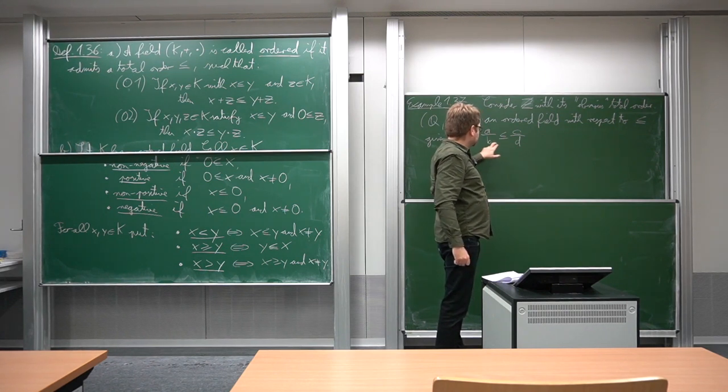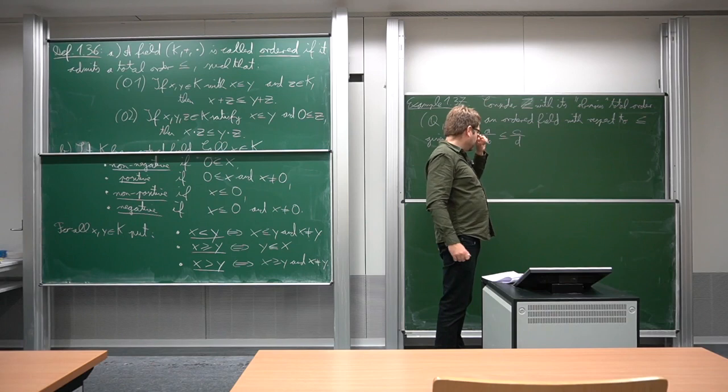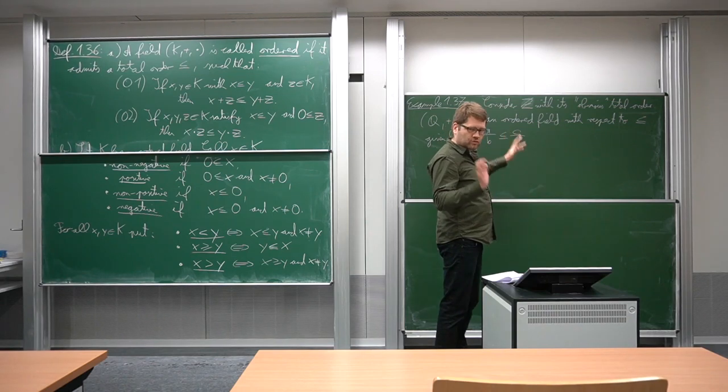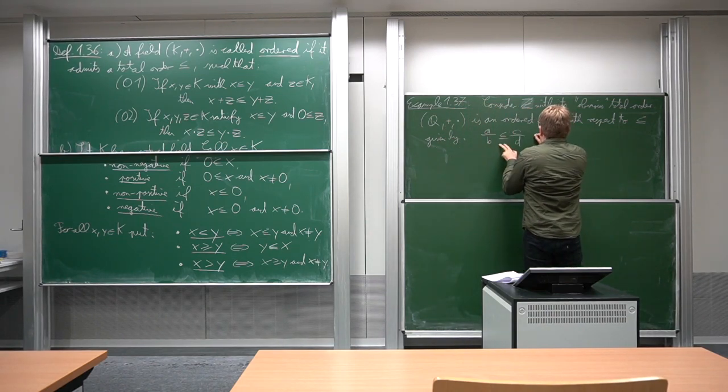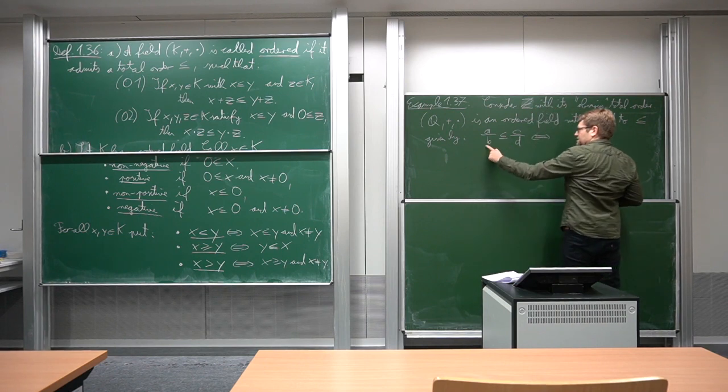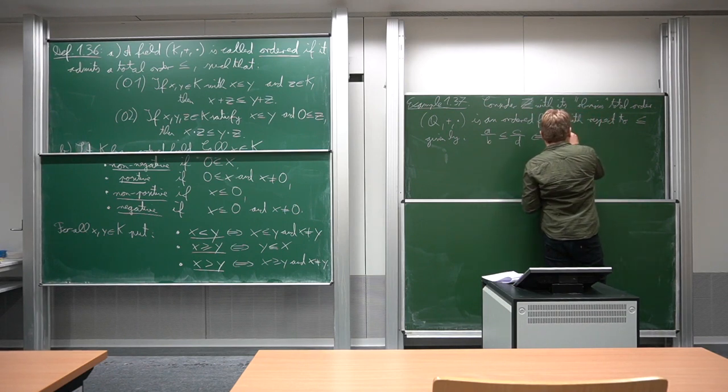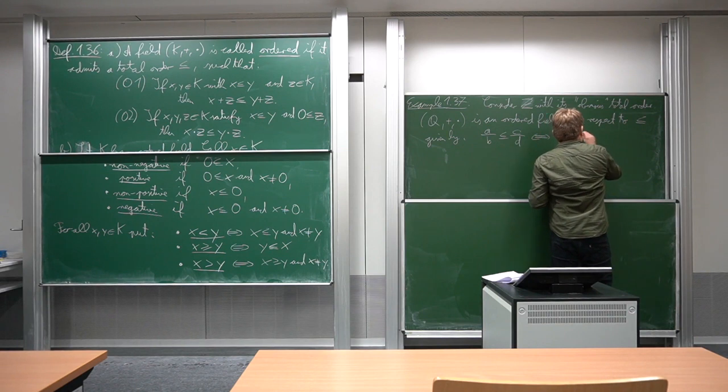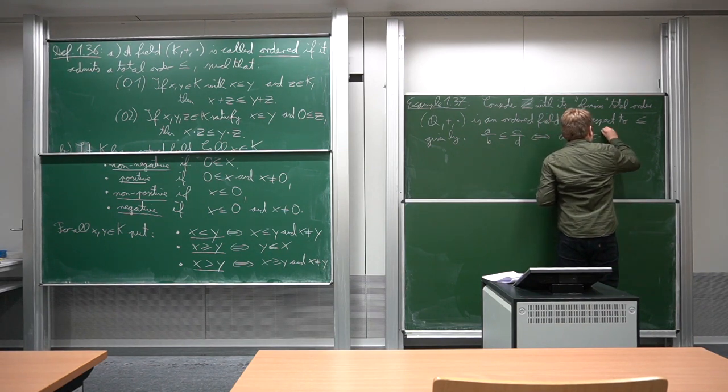We know that denominators are natural numbers, as I've defined Q, so multiplying with them won't change the order. We define that this should hold if and only if a times d is smaller than or equal to b times c.